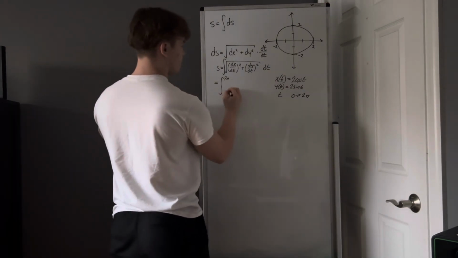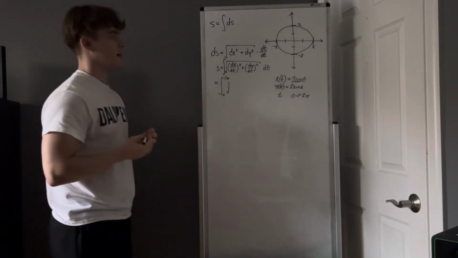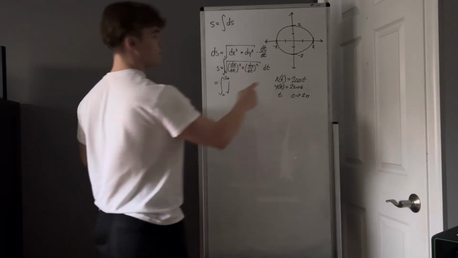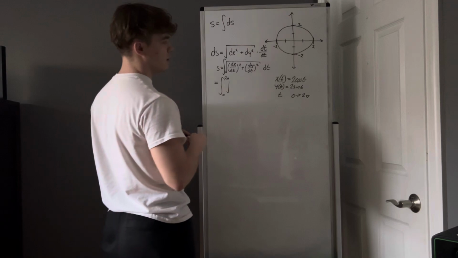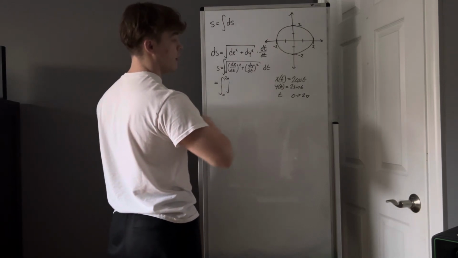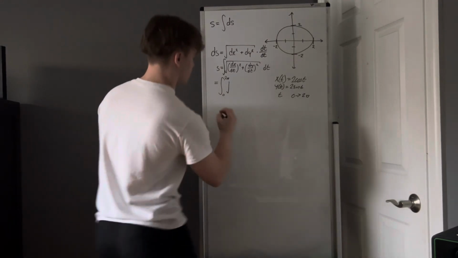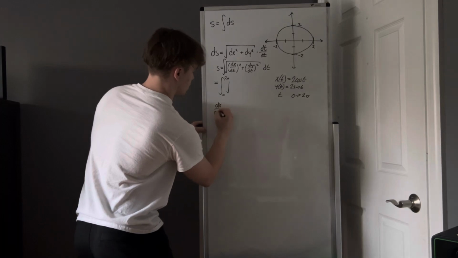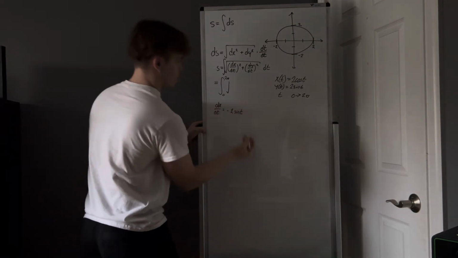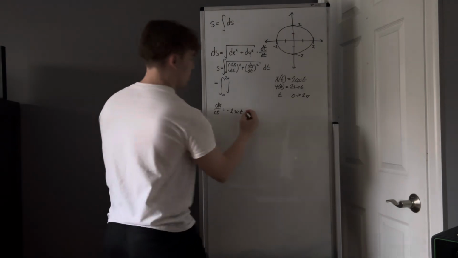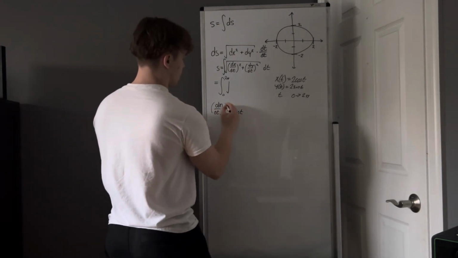Now, let's find dx dt. Well, dx dt is negative 2 sine of t. Let's square that.